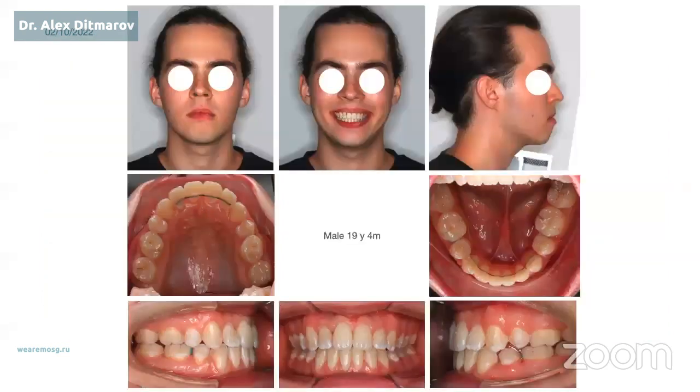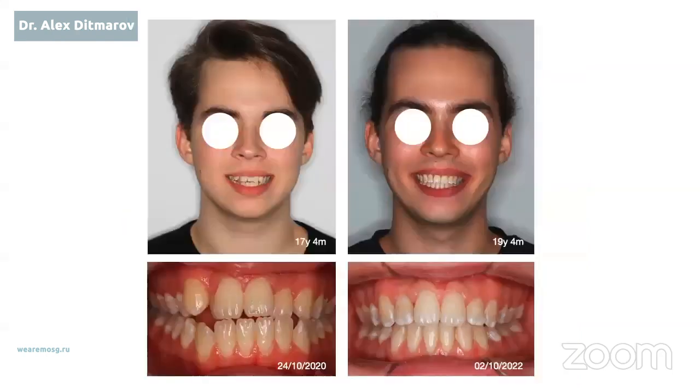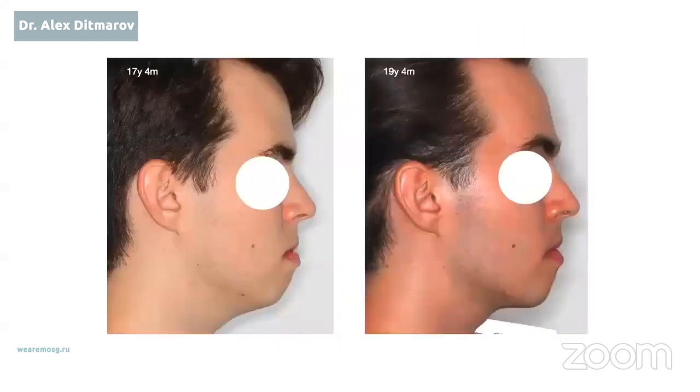He was very happy. He was very happy about his new smile. This is him. So the treatment was about 2 years, a little bit less than 2 years. And these are his lateral photographs of the face before and after the treatment.